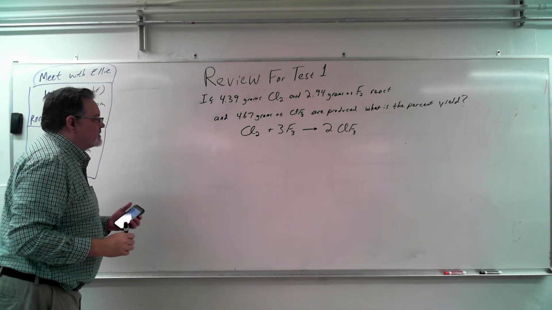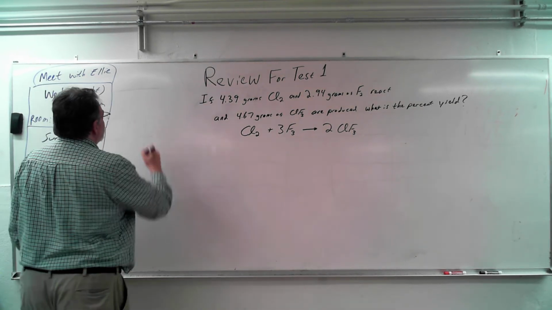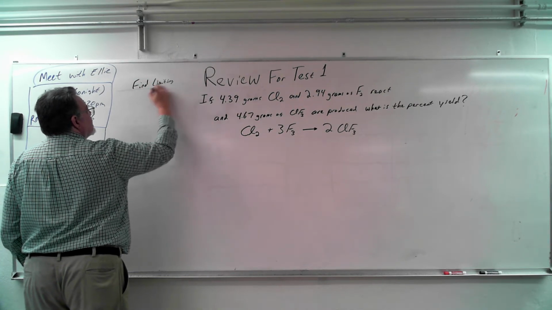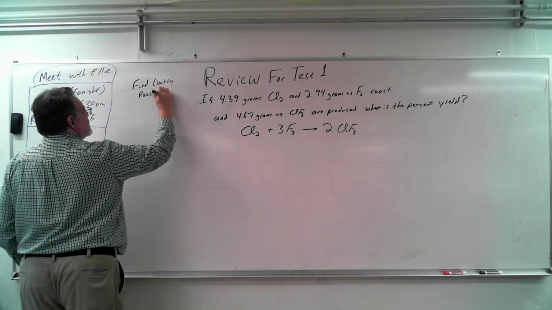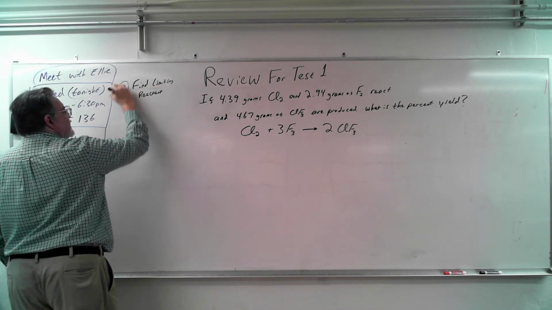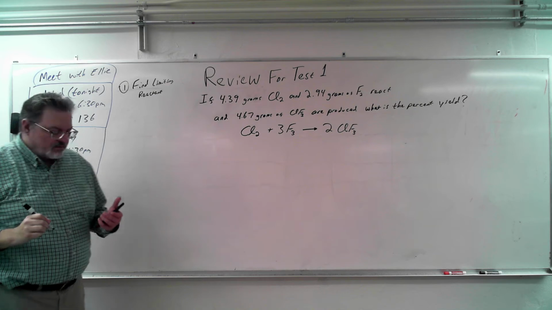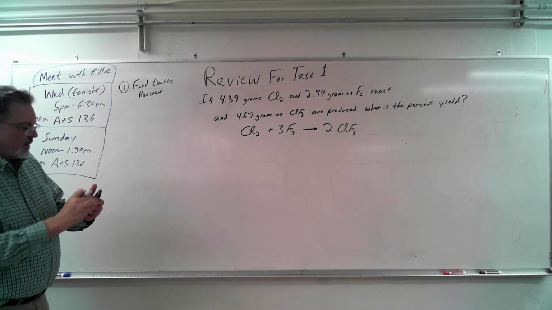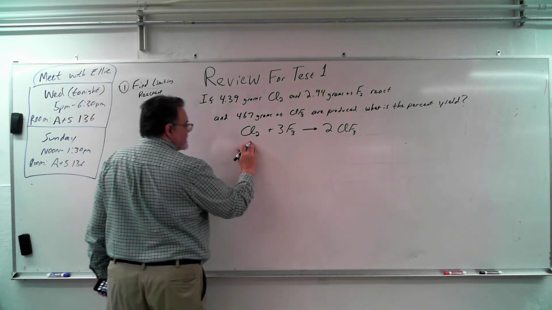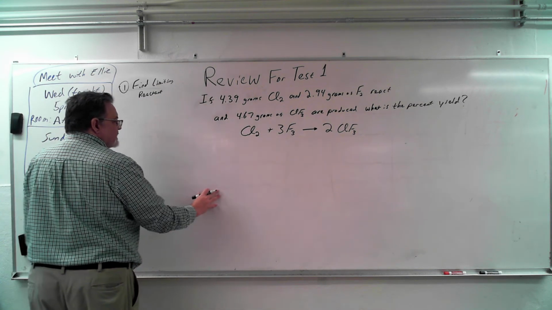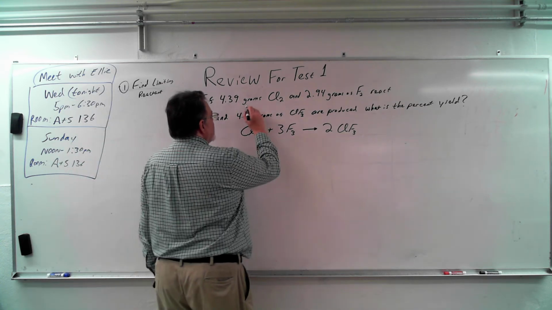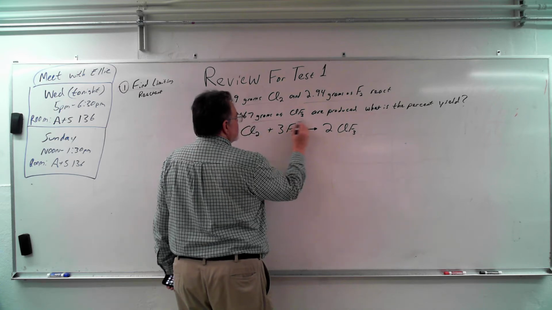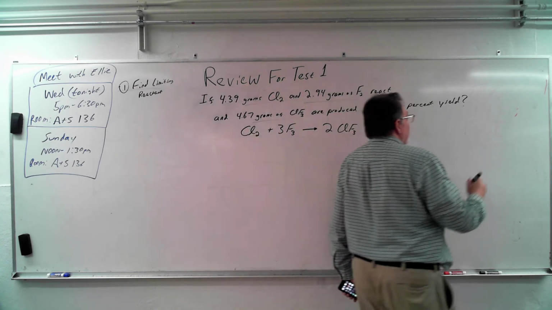There's the balanced reaction. So first, that's our first task, find the limiting reactant. As I've said before, you just pick one, either this reactant or this reactant. I'll just pick Cl2. Grams of Cl2 is mentioned, grams of F2 is mentioned, and grams of ClF3 is mentioned. That means we're going to need all of this.